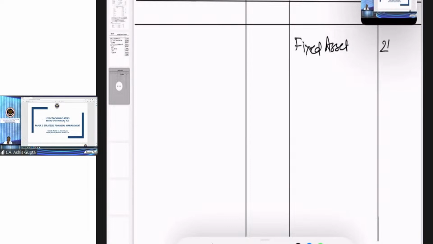So it will come as fixed assets. Student, this is Vikalp. No, it is not in the study module, but here we are discussing the same. Now current assets will be increased by 15%, because it is always spontaneous.